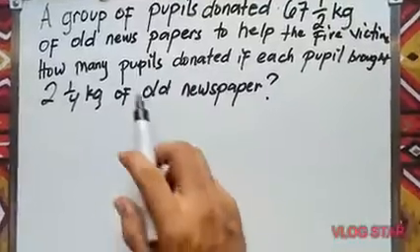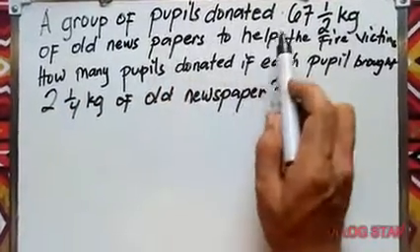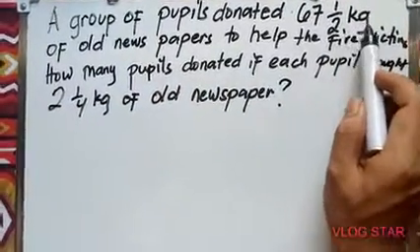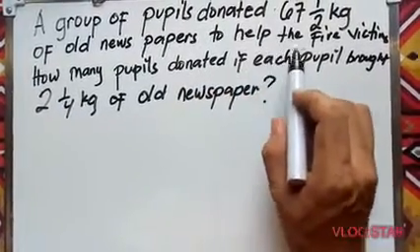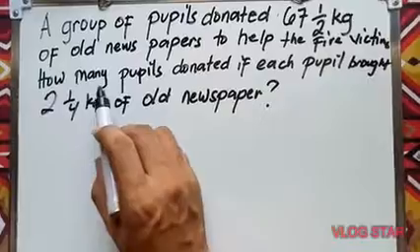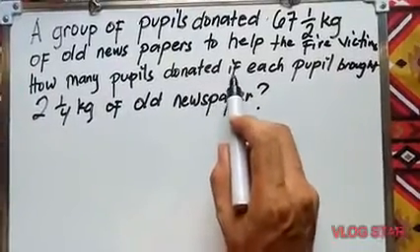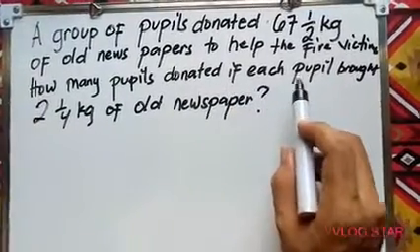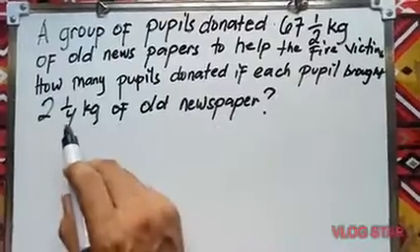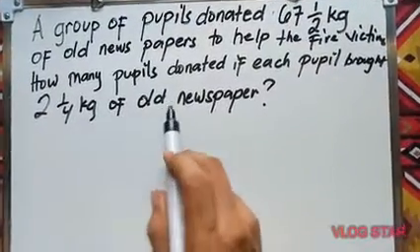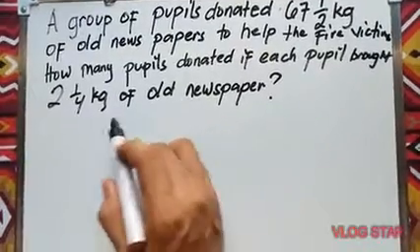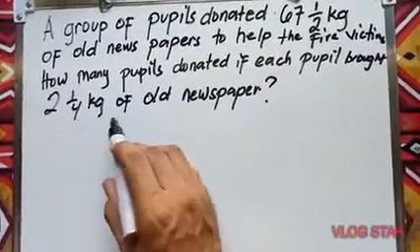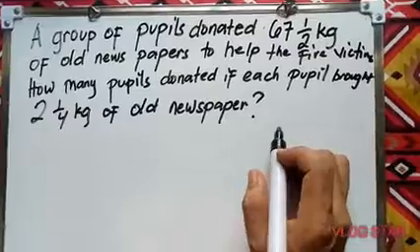So here is the problem. A group of pupils donated 67.5 kilograms of old newspapers to help the fire victims. How many pupils donated, if each pupil brought 2 1/4 kilogram of old newspapers?